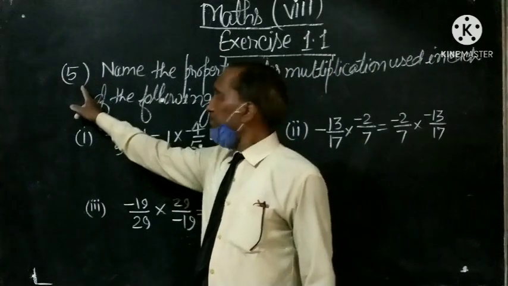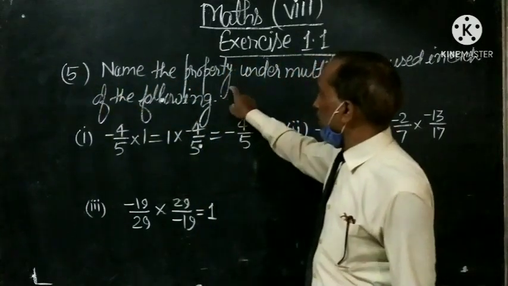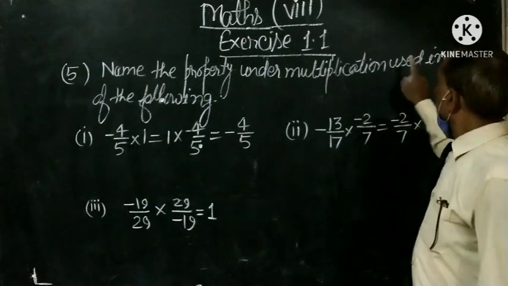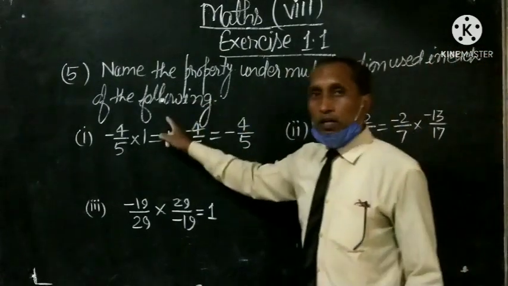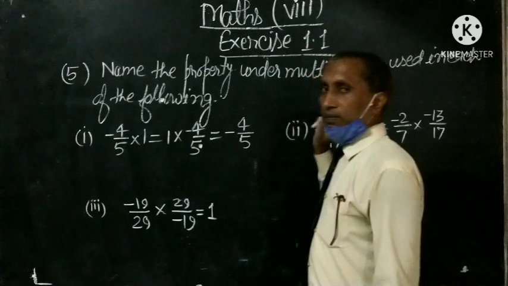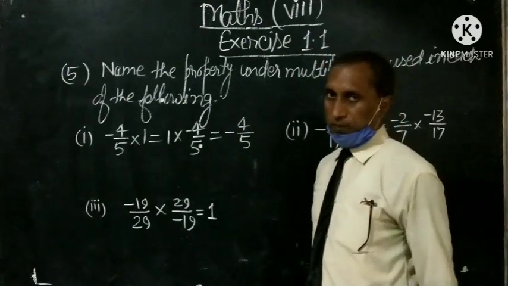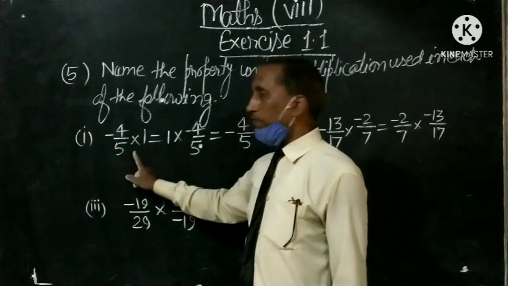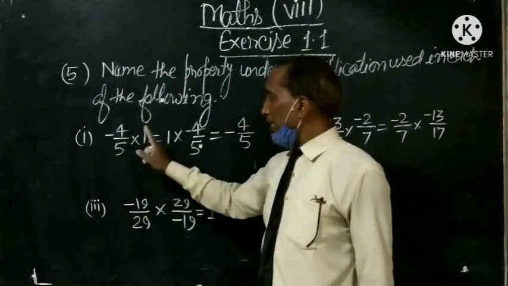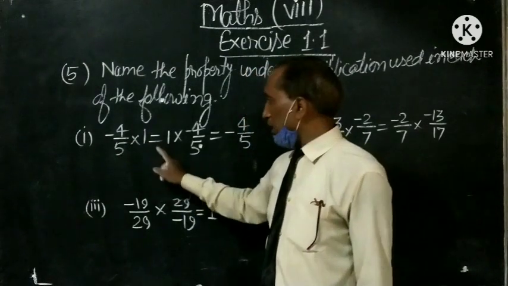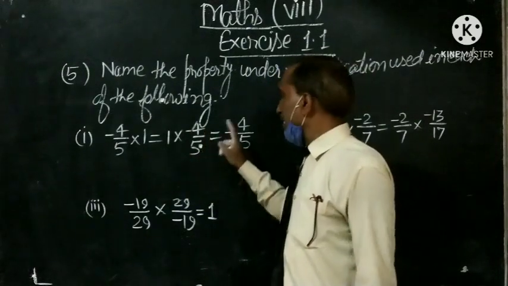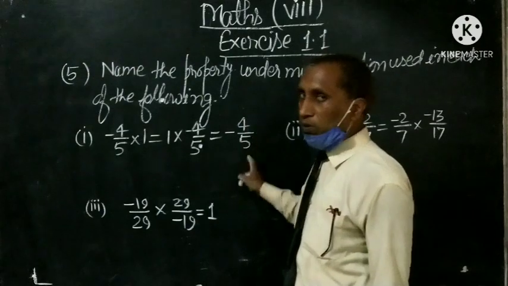Question number 5. Name the properties under multiplication used in each of the following expressions. First, minus 4 upon 5 into 1 is equal to 1 into minus 4 upon 5, that is equal to minus 4 upon 5.